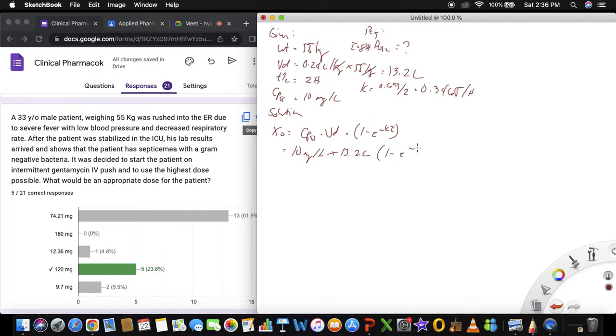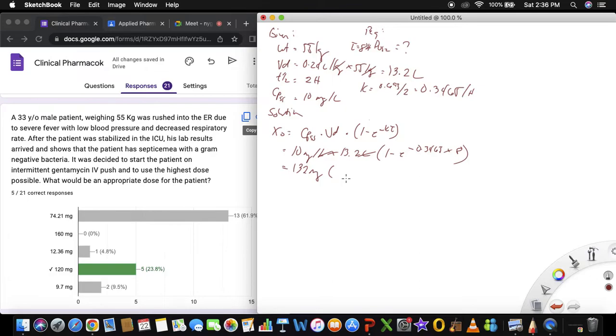1 minus e to the negative 0.3465 times 8. So 10 times 13.2 is 132 milligrams, liters cancel.